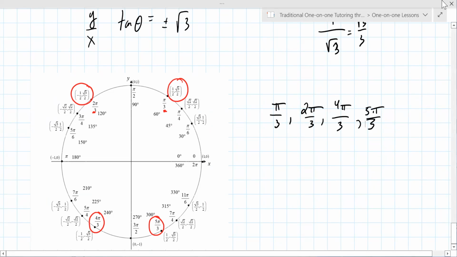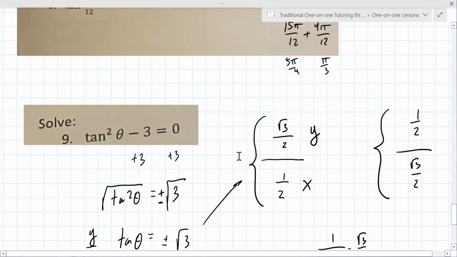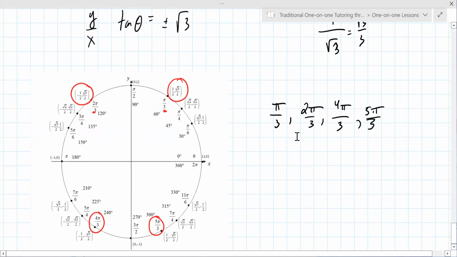However, there is a bit more to this. The last problems we looked at, your teacher wrote 0 to 2 pi. These do not say that. Did you guys cover the infinite period, the fact that you have to say these go on forever?